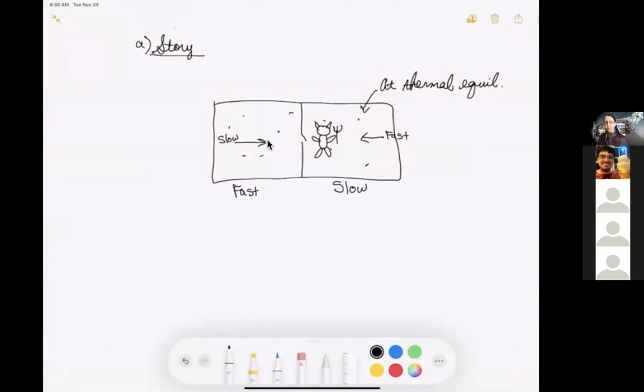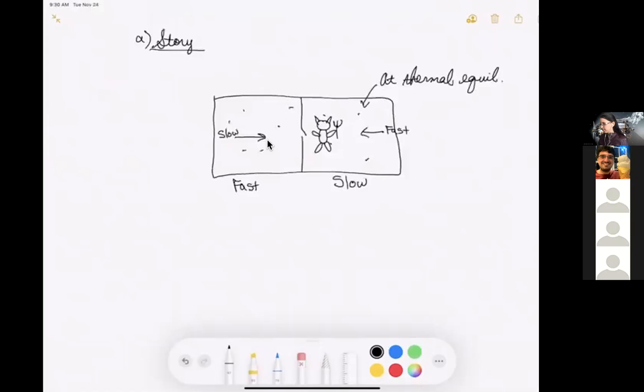Speed is related to temperature because temperature characterizes kinetic energy. So there will be a hot gas in the left-hand side and a cold gas in the right-hand side. So the demon has created a temperature gradient. You can use a temperature gradient to extract work via a heat engine.